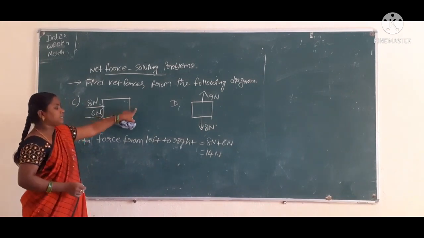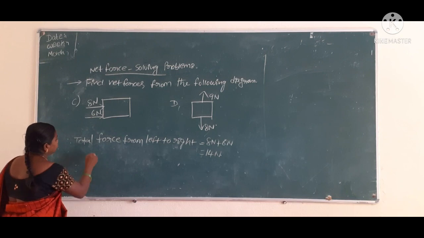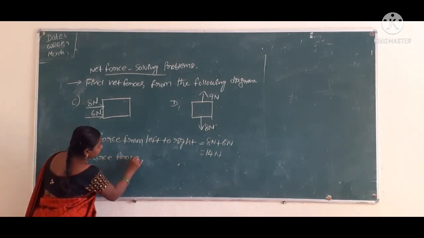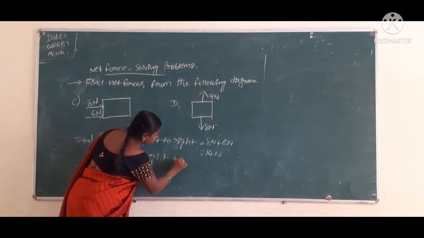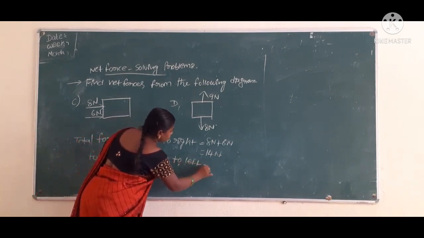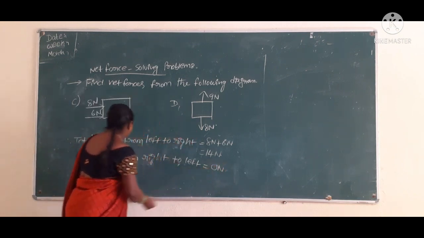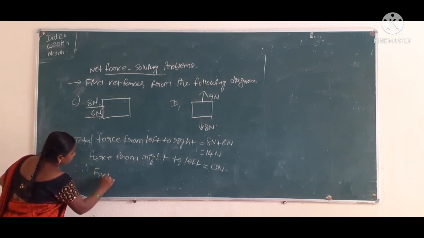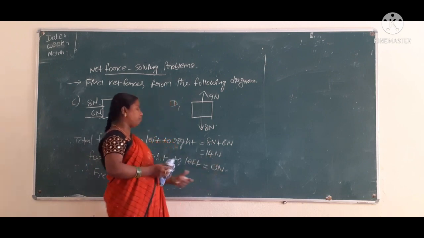And the force from right to left is 0 newtons. Therefore, net force is equal to the biggest number minus the smallest number.